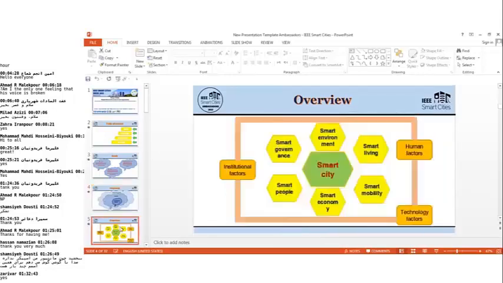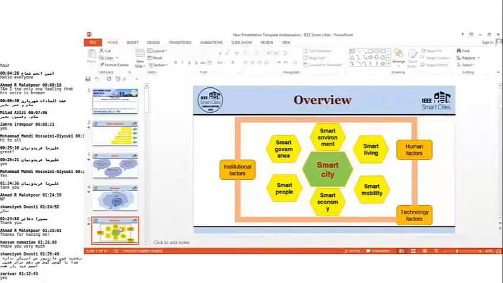In the next slide, as presented, we have described some components associated with a smart city: a smart environment, smart living, smart mobility, smart economy, smart people, and smart governance. These six components are covered by some necessities, such as human factors.